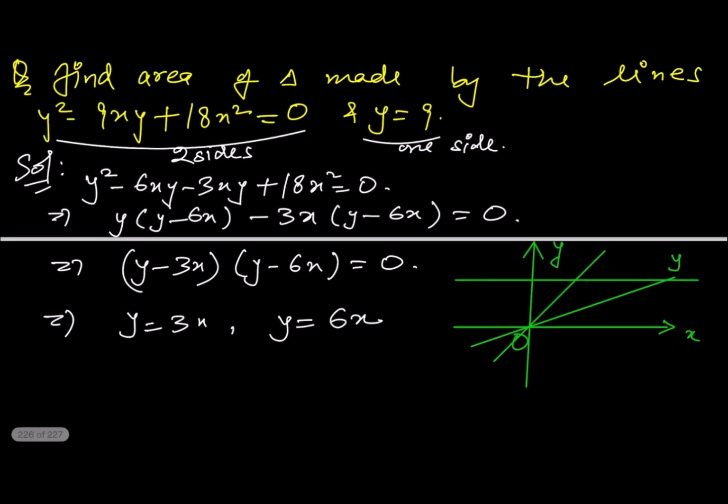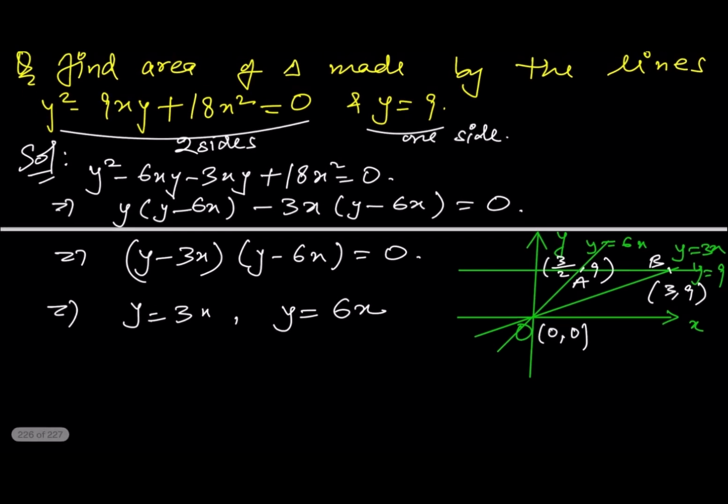So we need vertices. If y is equal to 9, then y is equal to 6x gives 3 by 2 comma 9. This point is A, this point is B, so B will be 3 comma 9 and O is 0 comma 0.